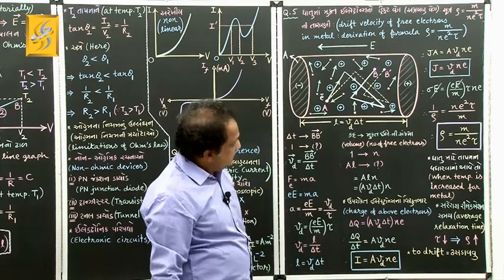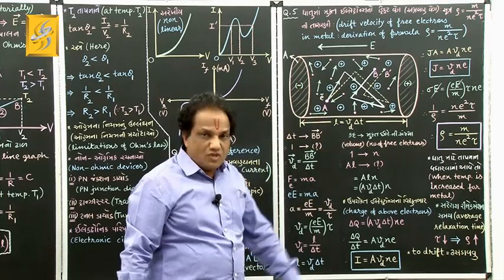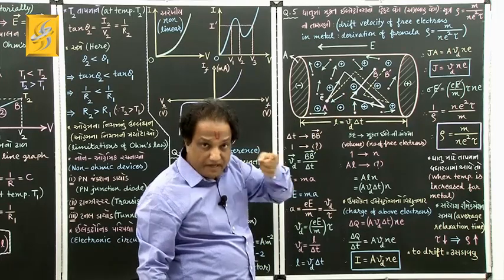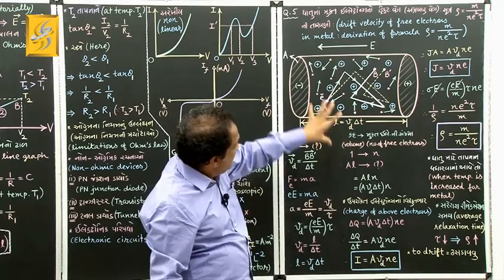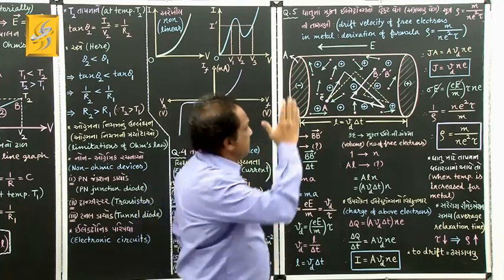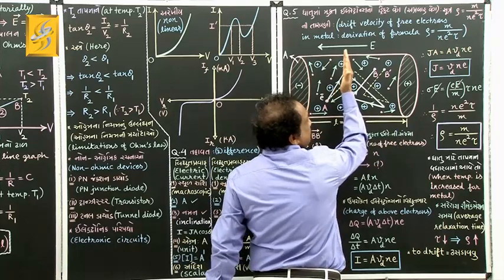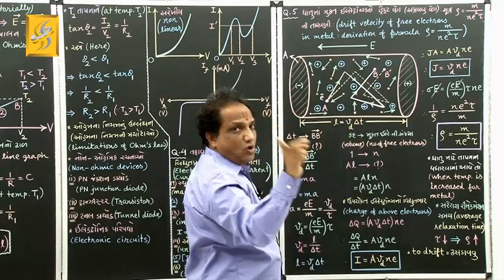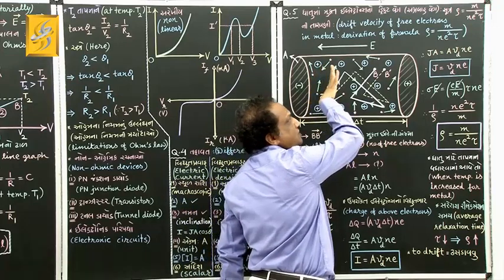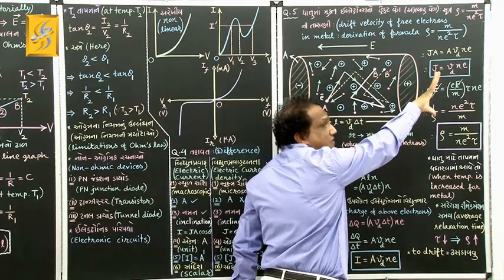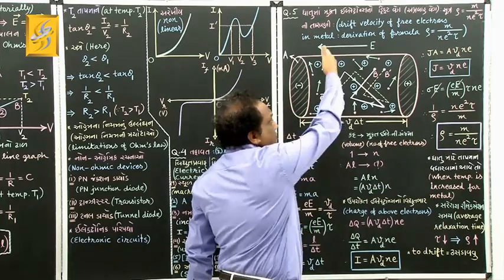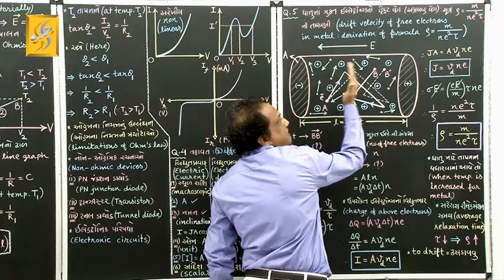Now tell me, in this situation, when no electric field is applied across this conductor, what happens? On average, if you consider any cross section, say over here, whatever number of free electrons cross that cross section and enter the right hand side part, the same number of free electrons in the same time cross that cross section and enter the left hand side part.